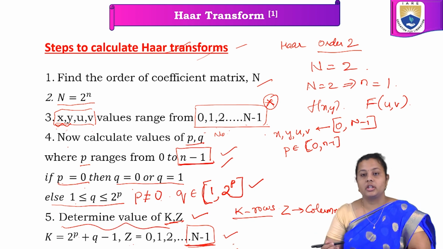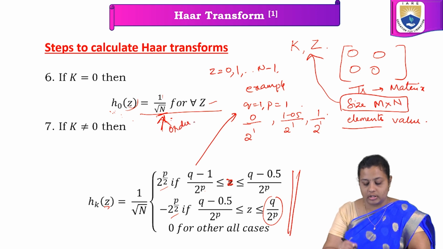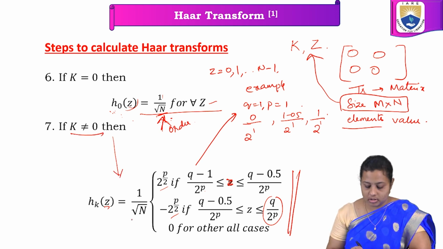Next, the important thing in Haar transforms is this equation. When K is equal to 0, irrespective of the value of Z, the first row is always given by 1 by square root of capital N, where capital N is my order. Now, when K is not equal to 0, my coefficient values are given by this equation.